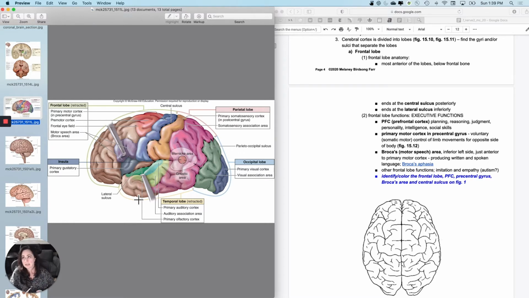And this is the site of planning and reasoning and judgment. Also, a lot of your personality is in there, intelligence, social skills. This is, for instance, putting off a short-term goal because a long-term goal is more valuable to you. This is predicting the impact of a decision you make today, 5-10 years in the future.